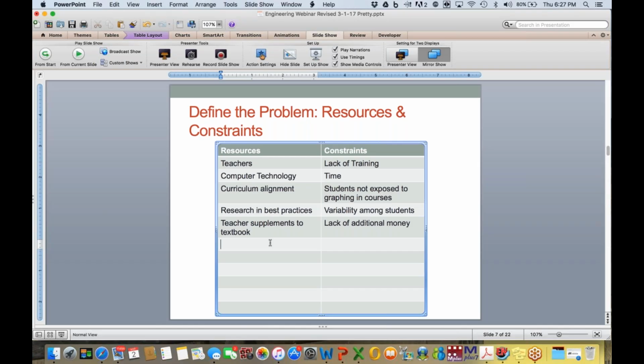What about Lynn? Okay, Lynn says simulations for graphing.